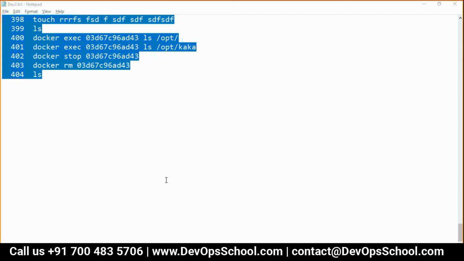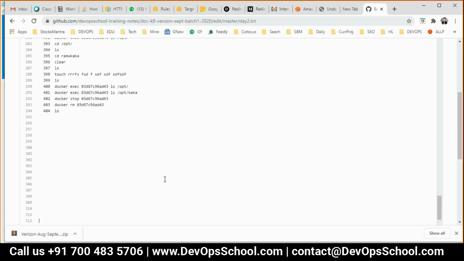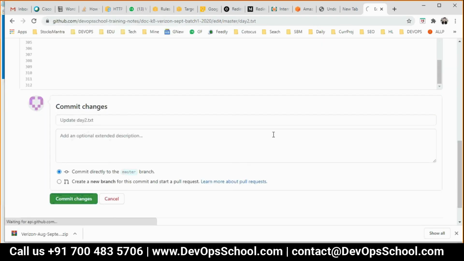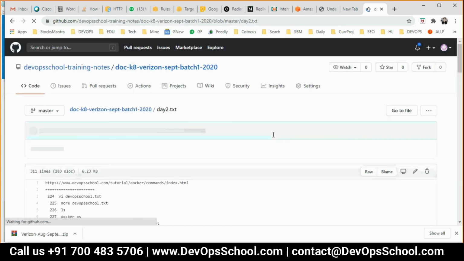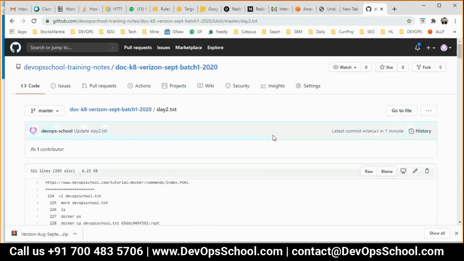Until when will the memory data be lost? When you remove the container, right? No. Memory data will be removed when you restart the VM, the virtual machine where you are running Docker. So it will hold as long as the VM is running.